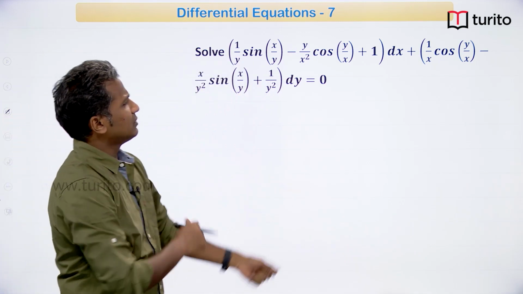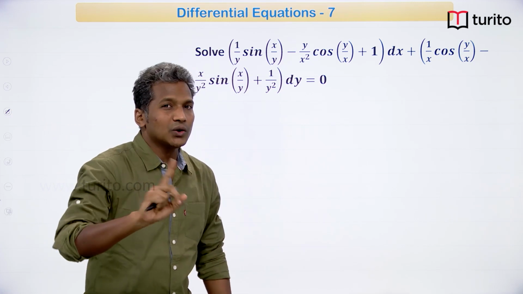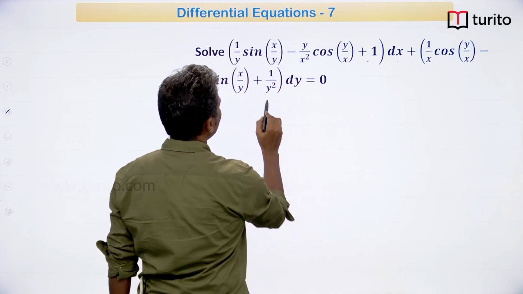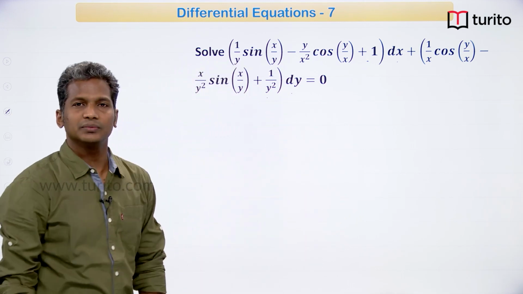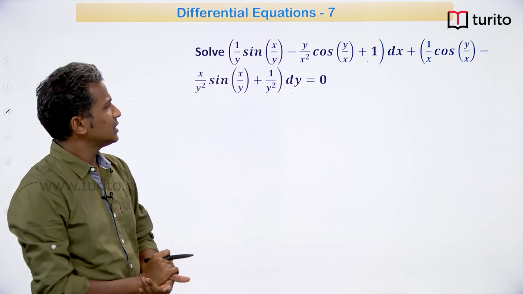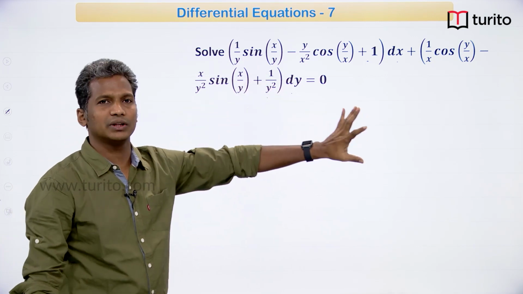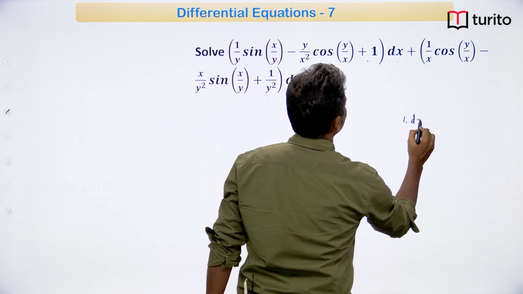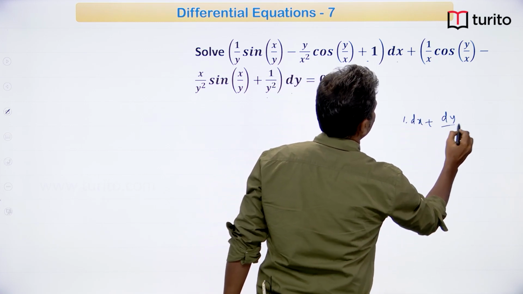In this equation, what are the terms which do not cause any trouble? This 1 into dx is one term and this 1 by y square into dy is another term, which do not cause any trouble. So let us separate these terms and solve them first: 1 into dx, plus dy by y square.